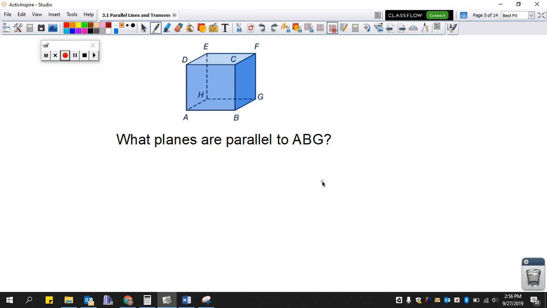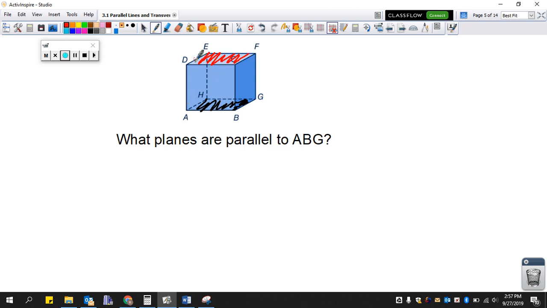Next example asks us what planes are parallel to ABG. Well, if I look at ABG, we can see that's the bottom of the cube. So it's pretty easy to see that really the only plane that is parallel to that is this top plane.